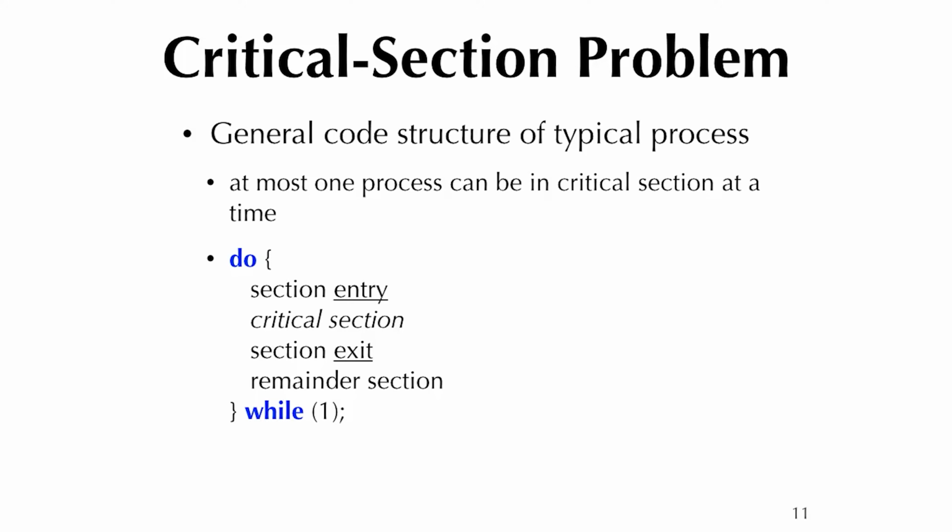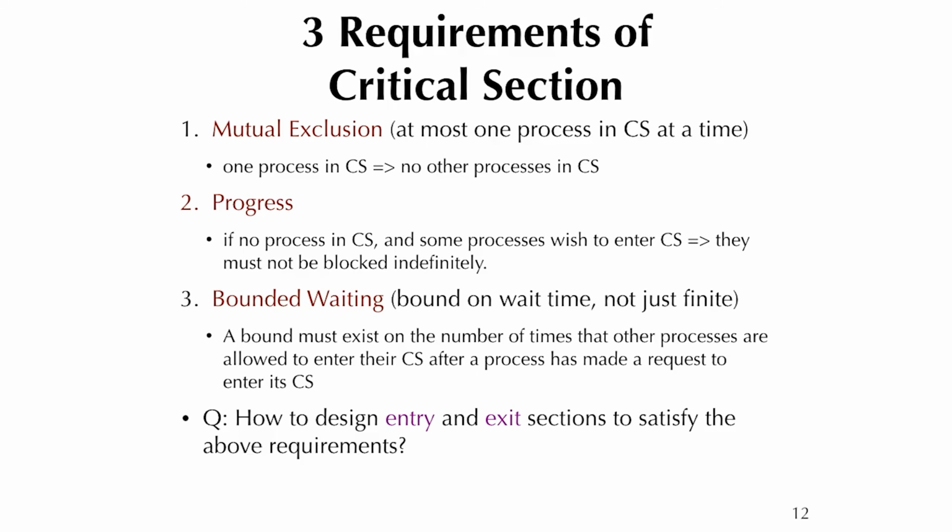Okay, it doesn't exactly look like that, but you have what's called the entry section, the critical section, the exit section, and the remainder. Of course, there's other code too, but this really just shows that there's code before and after the critical section.